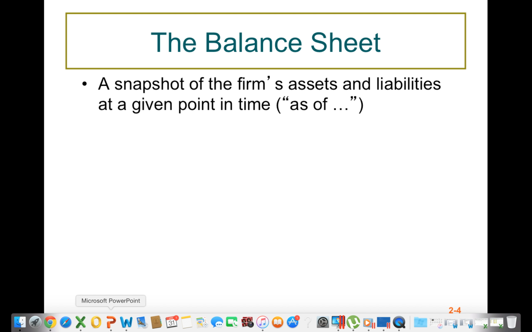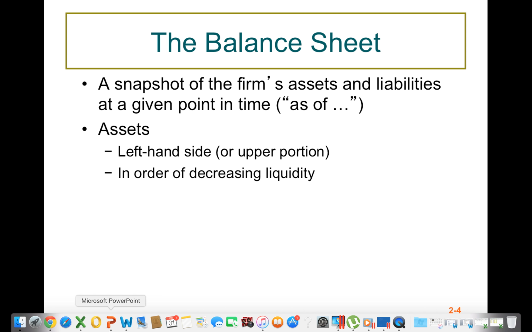As you probably know at this point, the balance sheet is known as a snapshot of the firm's assets and liabilities at a given point in time. It's really a convenient way of organizing information. On the left-hand side, you have your assets. You consider this upper portion, and it's in order of decreasing liquidity.